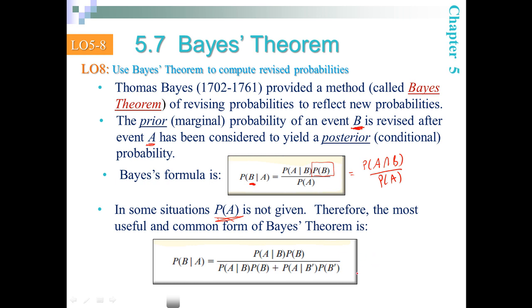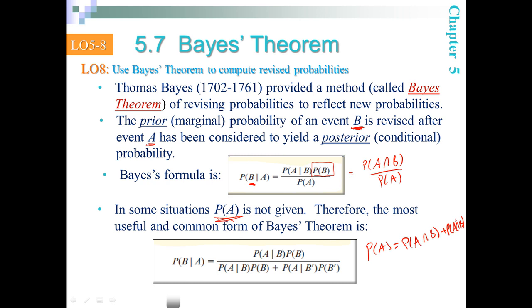In other words, this denominator comes from the fact that the probability of A is just the probability of A intersect B plus the probability of A intersect B complement.